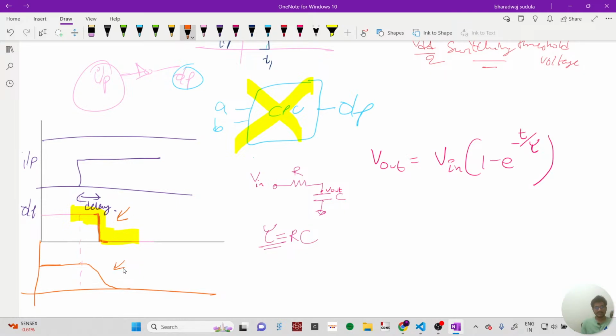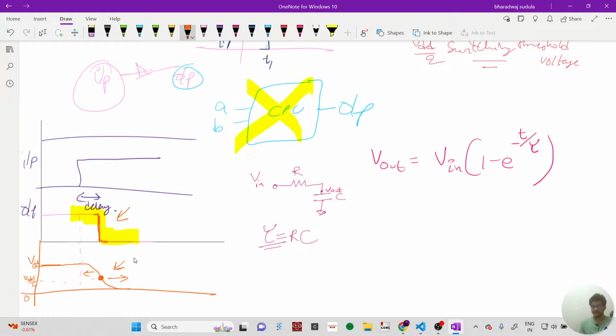So this is the ideal one, and here let's say this is VDD and this is 0, and somewhere here it is VDD by 2. This is my switching threshold point. You can easily understand from this graph that at this point the right side will be 0 and the left side will be considered as logic 1, high, right? So this is the switching threshold.